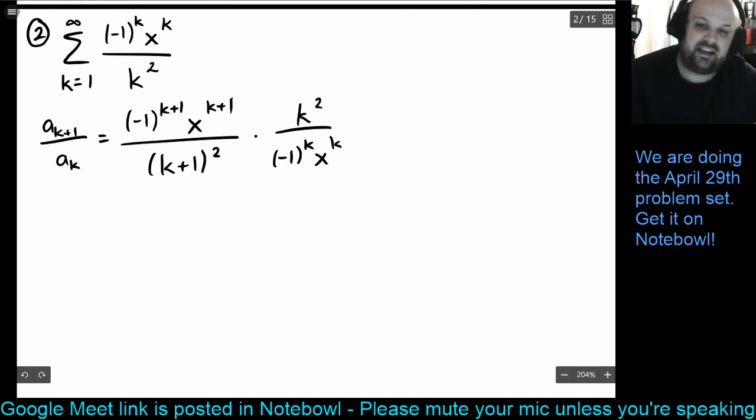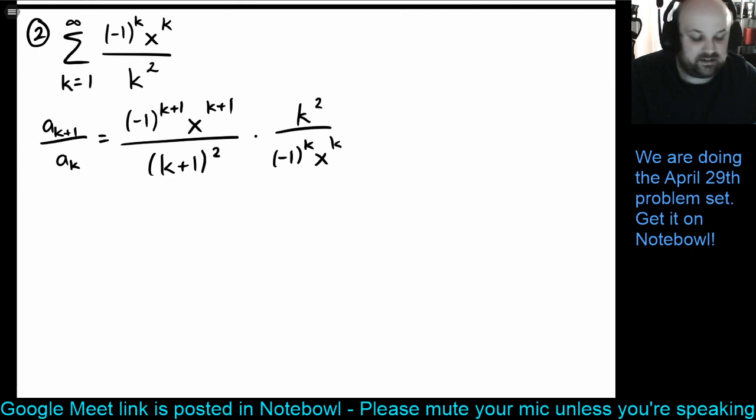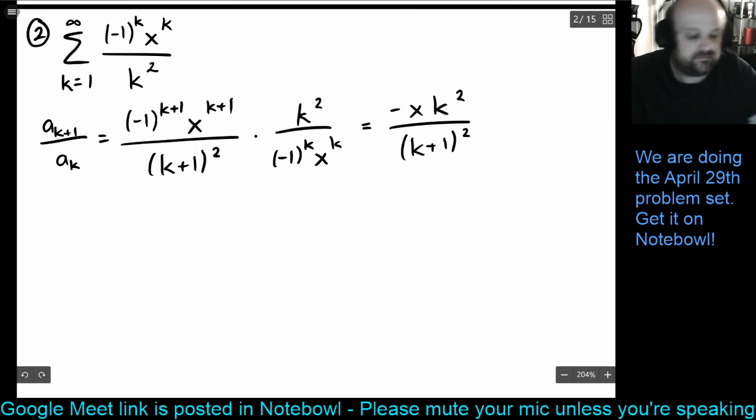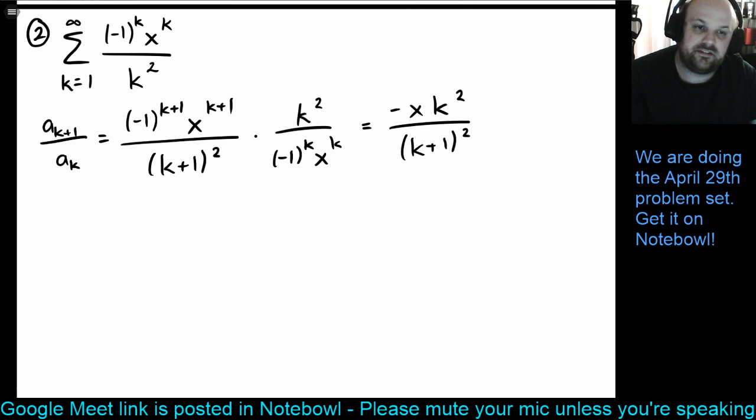Right, so again, that's a_{k+1} divided by a_k. Let's simplify what we can here. And this time we're going to end up with negative x k squared over k plus 1 squared. That's what this will simplify to.